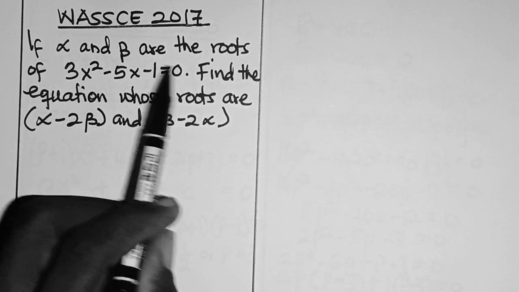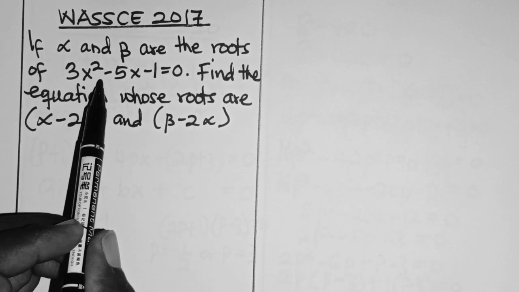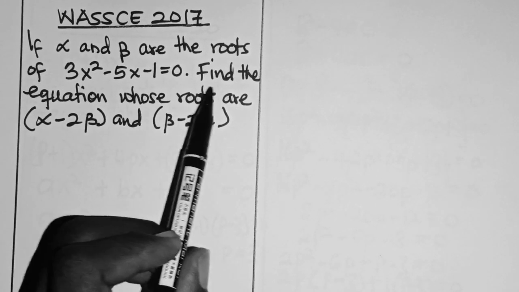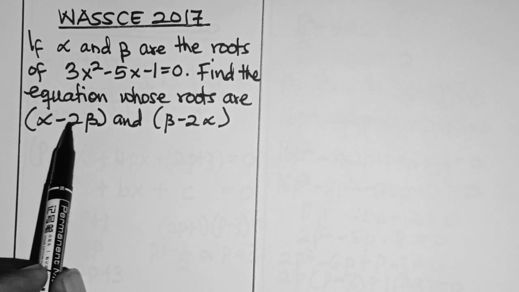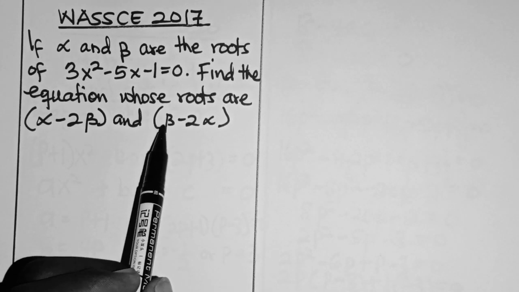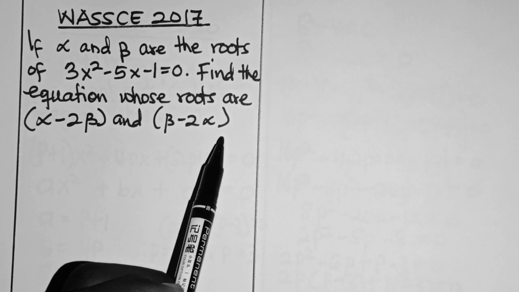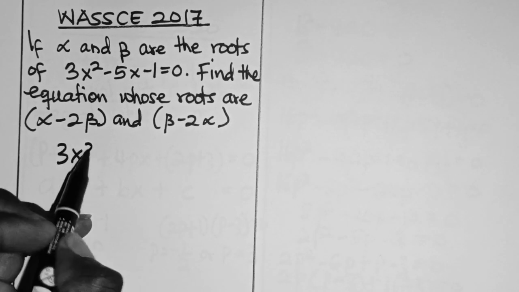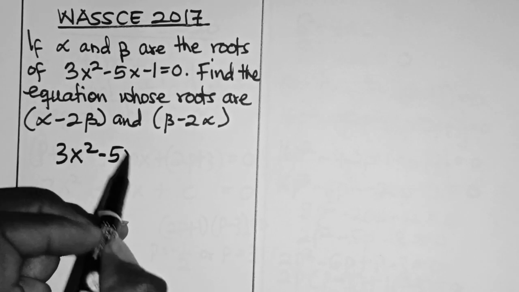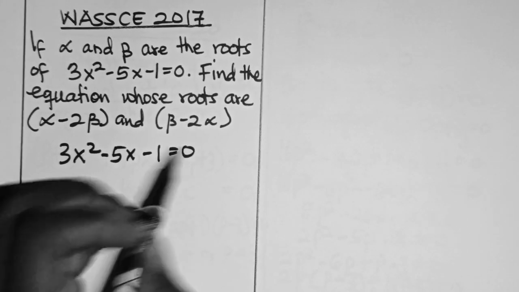If alpha and beta are the roots of 3x squared minus 5x minus 1 equals 0, find the equation whose roots are (alpha minus 2 beta) and (beta minus 2 alpha). So the equation is 3x squared minus 5x minus 1 is equal to 0.